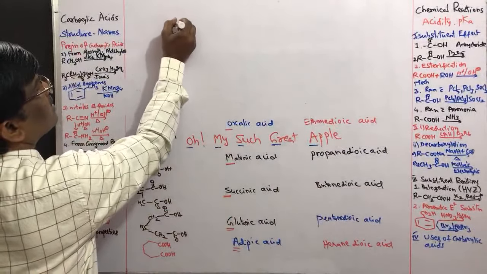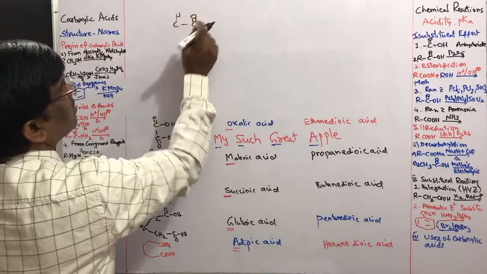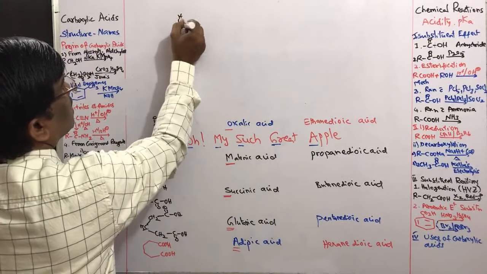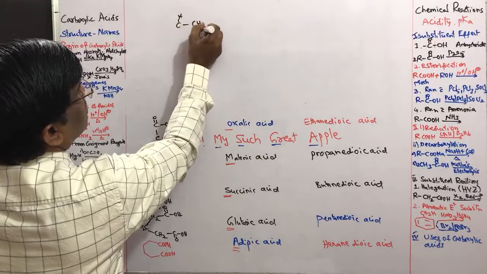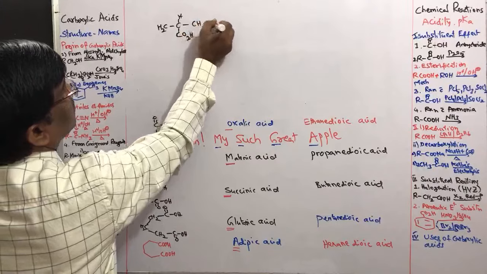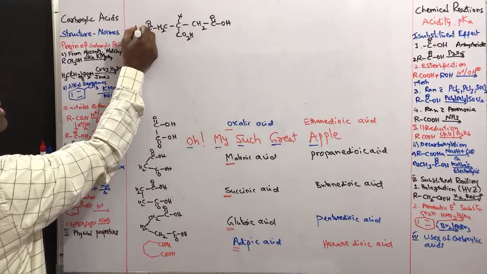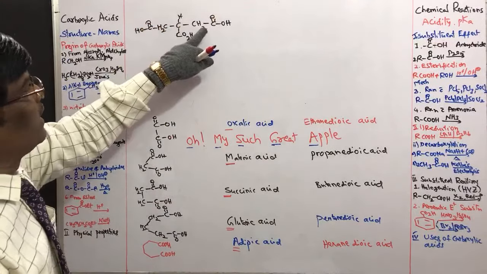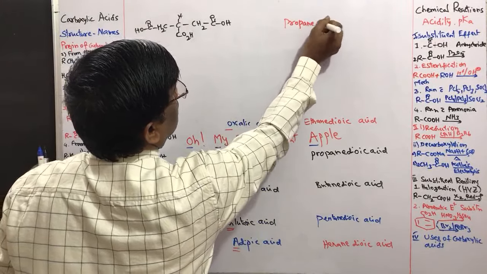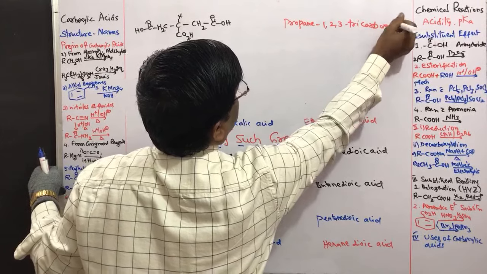If I write CH2, CH2, CO2H, CO2H, CO2H, this is propane 1, 2, 3 tricarboxylic acid.